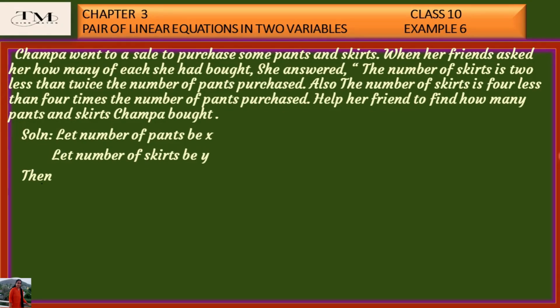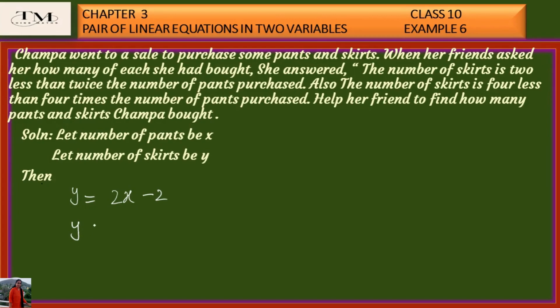So I am going to let the number of pants be x and the number of skirts be y. The number of skirts is y, so y is equal to 2 less than twice the number of pants. 2 less than means minus 2. Pants is x, twice means 2x, so 2x minus 2.